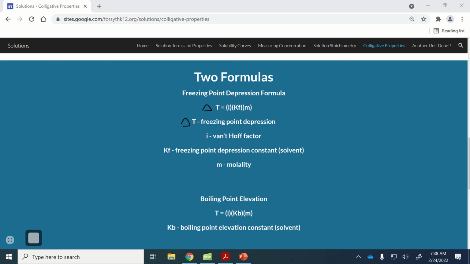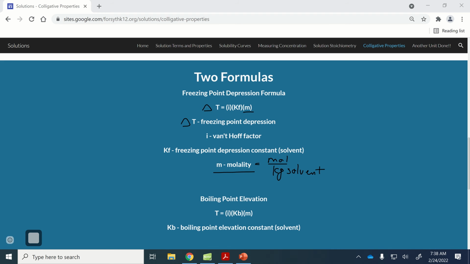So what do those all mean? We know what m is. M is our molality, so we're bringing back moles over kilograms of solvent. This is our one big use of molality, which is why we introduced it back in the concentration part. So we do need to know the molality of the solution.